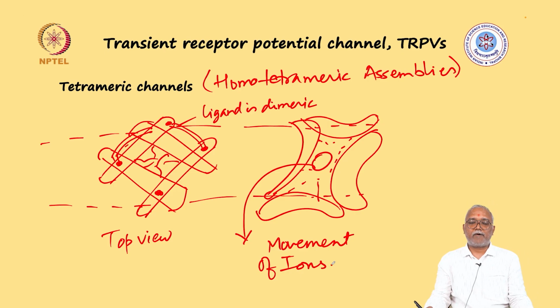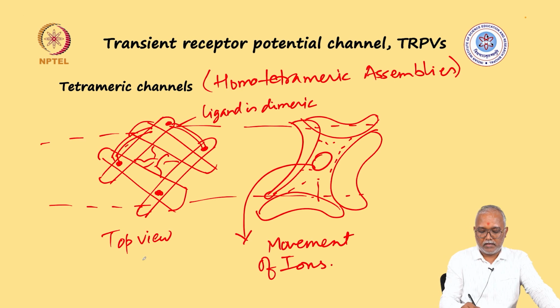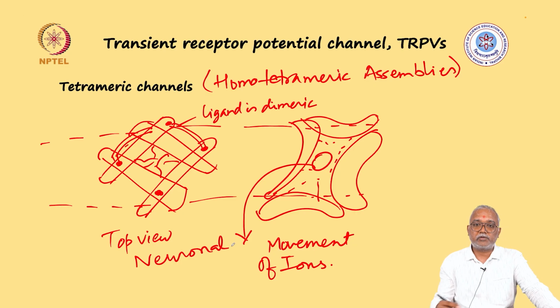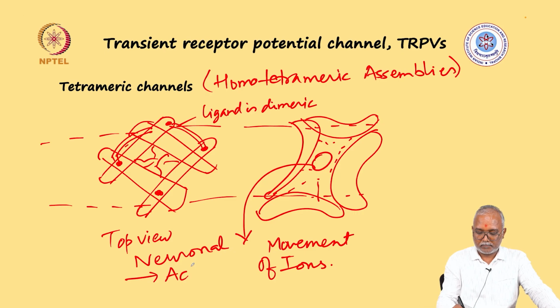So this movement of ions, think about the cell surfaces where these things are being sensed. Largely these changes are being assessed by neurons or cells which are directly in contact with the neuron, and this movement of ions activates those channels by depolarizing the neuron.